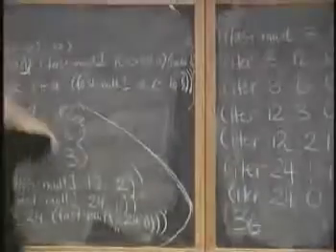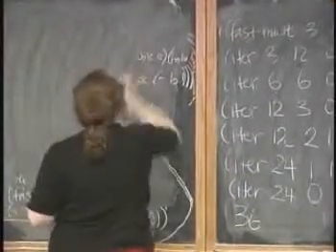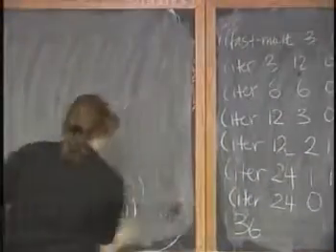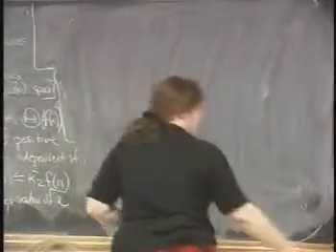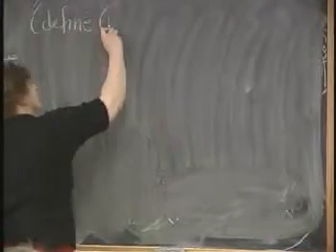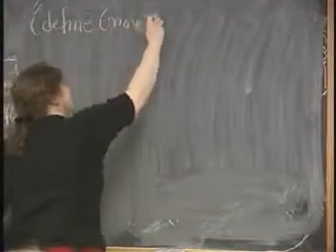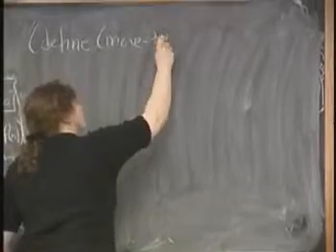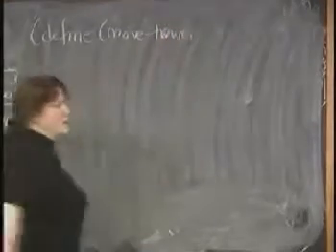Let's write a program to compute the Towers of Hanoi. Alrighty, let's define a procedure called move tower, which is going to take 4 arguments.